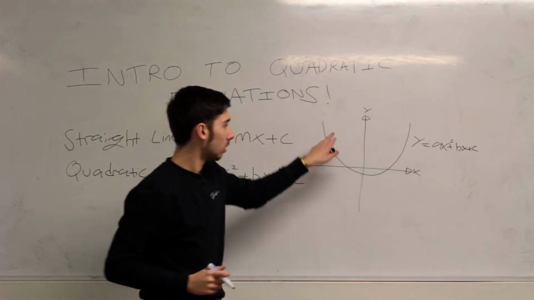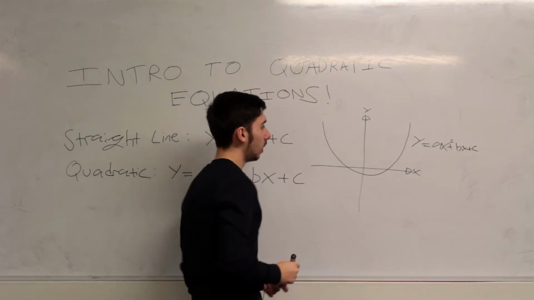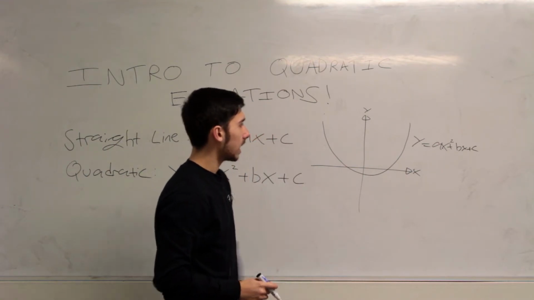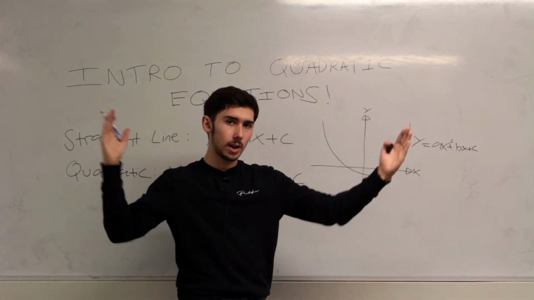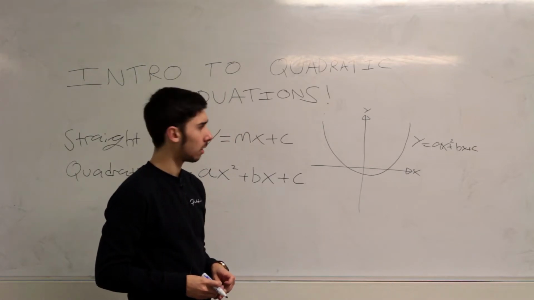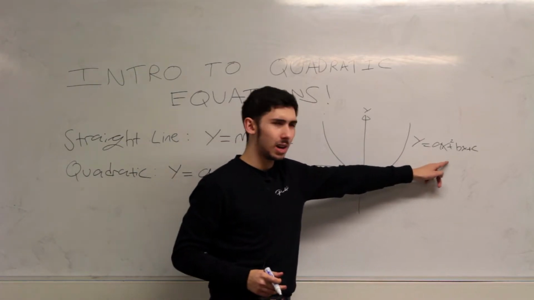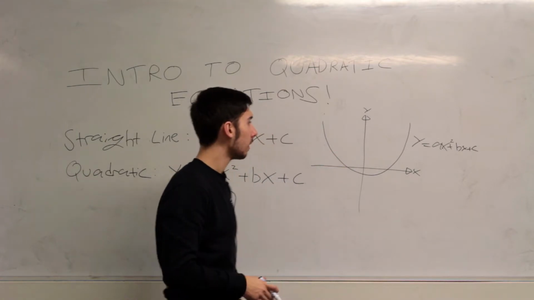This is the shape made by a quadratic equation. Now, the a component is usually going to dictate how squashed or how wide it is, but the b and the c do some very strange things, so it's quite difficult to tell what a, b and c are really doing. But they're just numbers, okay?